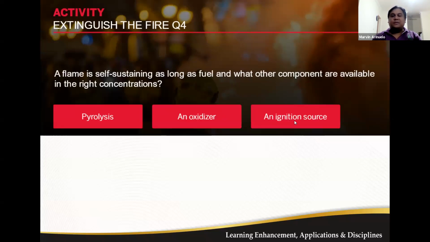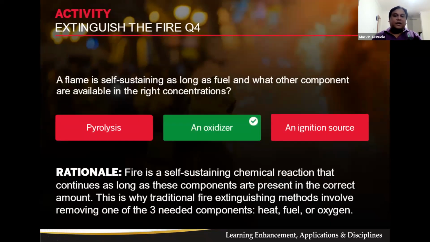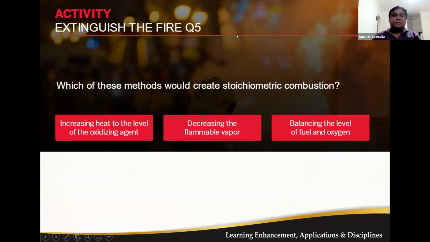So, Mr. Rahil, you are again correct. A fire is a self-sustaining chemical reaction that continues as long as these components are present in the right amount. This is why traditional fire extinguishing methods involve removing one of the three needed components, either heat, fuel, or oxygen.